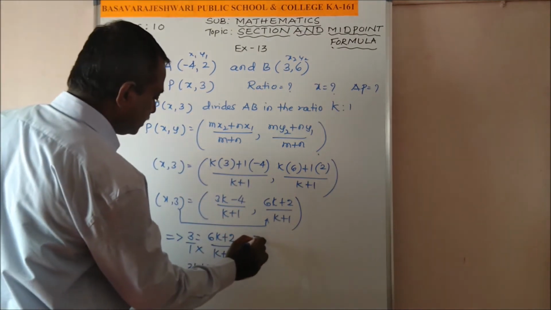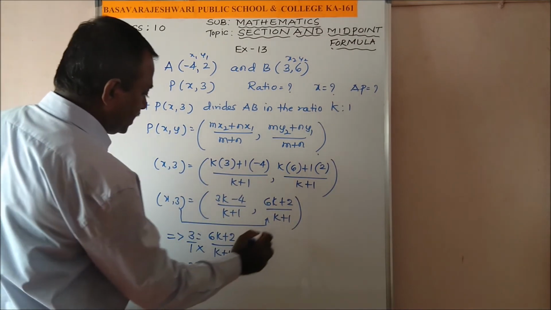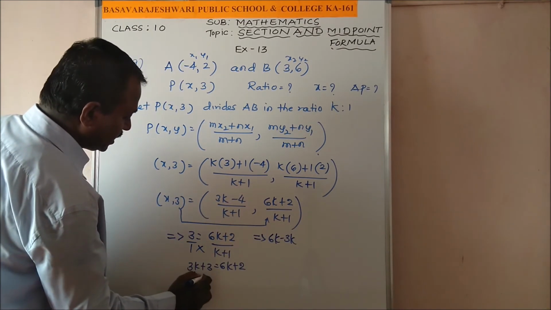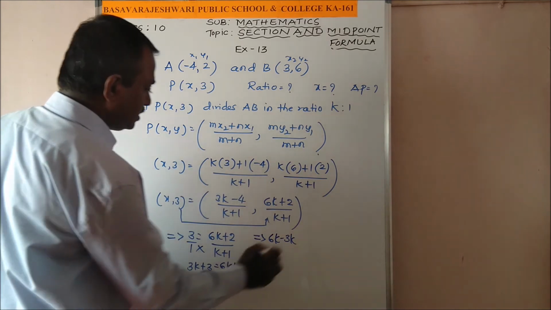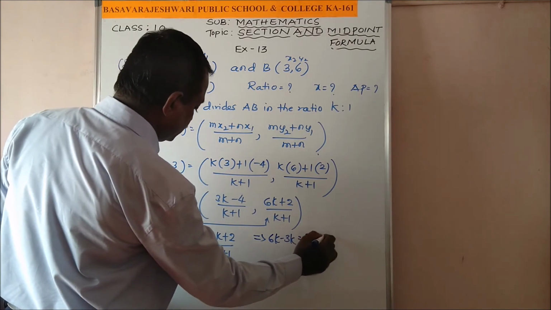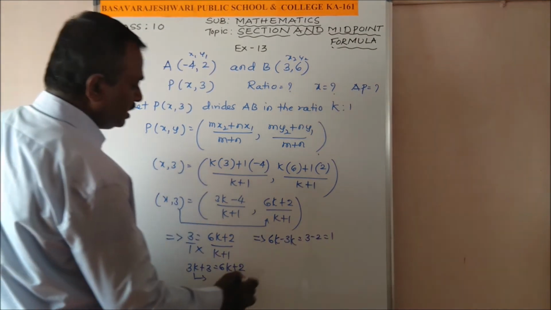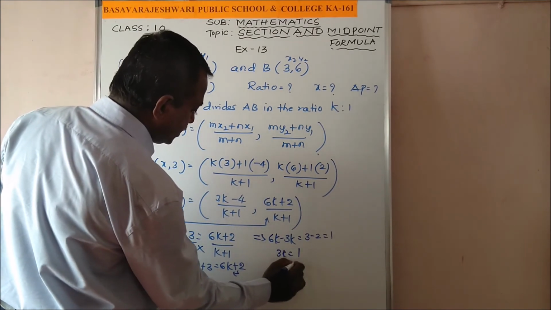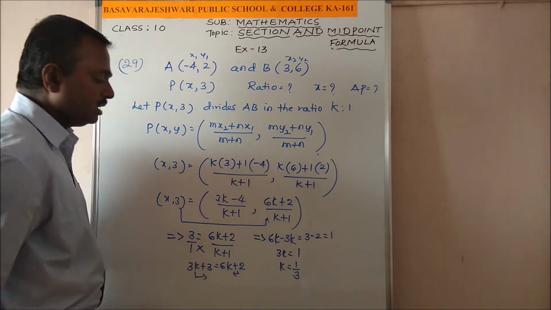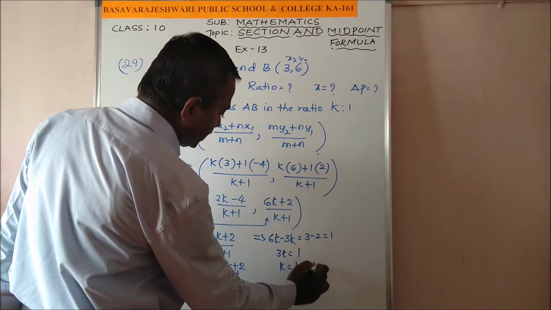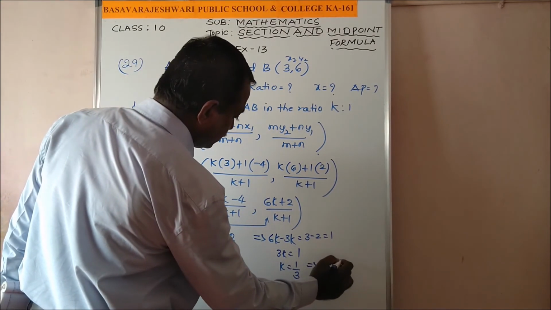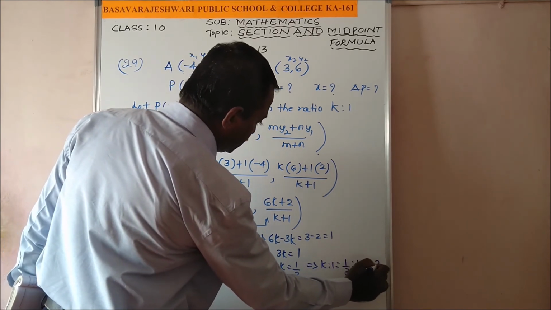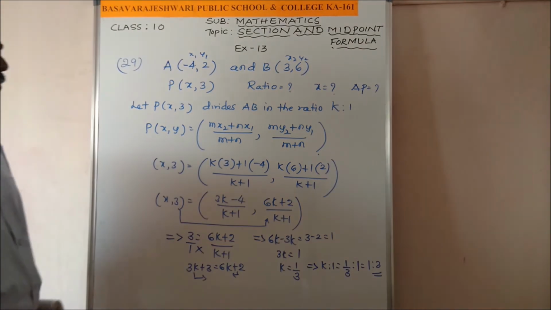So this implies 3k, I am sending towards RHS, 2 towards LHS, that is 3 minus 2 is equal to 1. So 3k is equal to 1, k is equal to 1 by 3. So therefore ratio, this implies k is to 1 is equal to 1 by 3 is to 1, that is 1 is to 3. Correct?